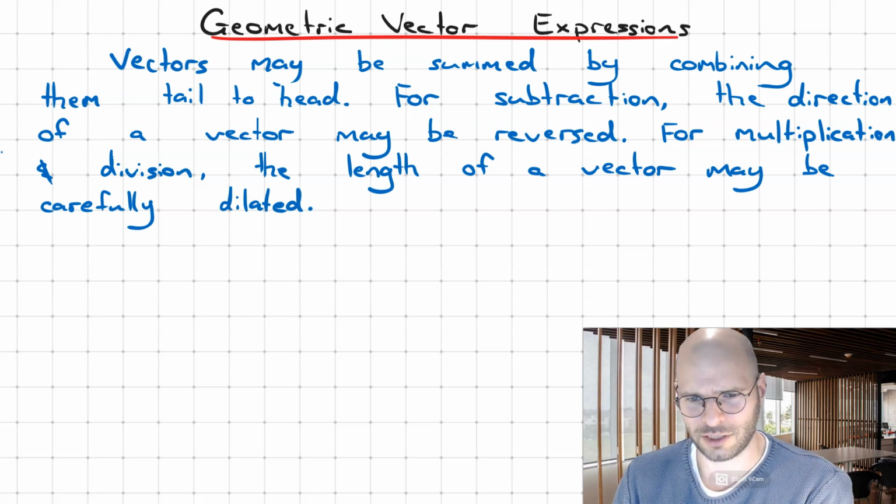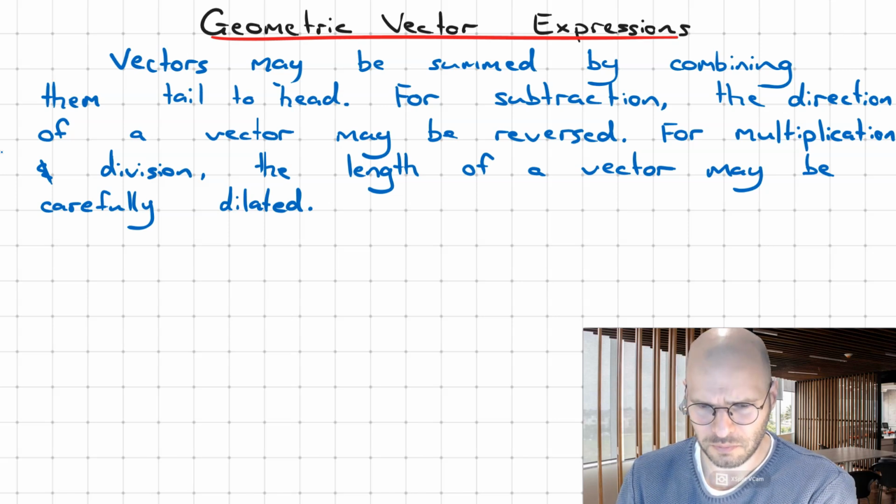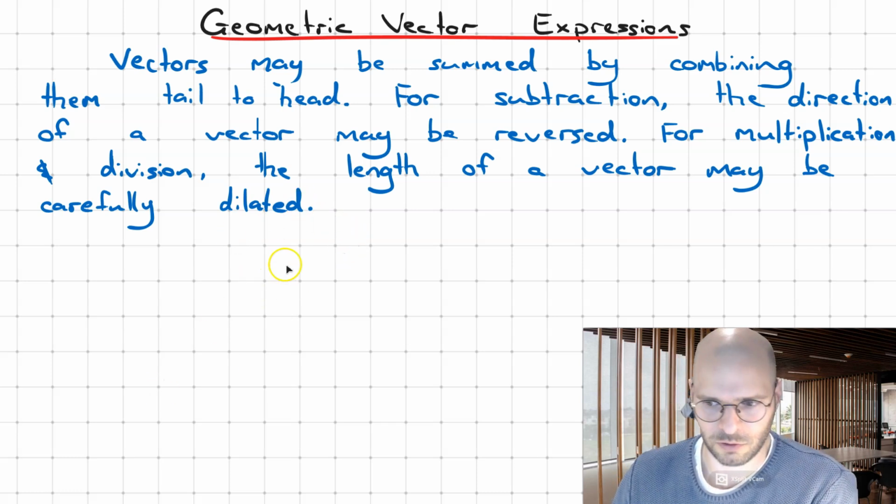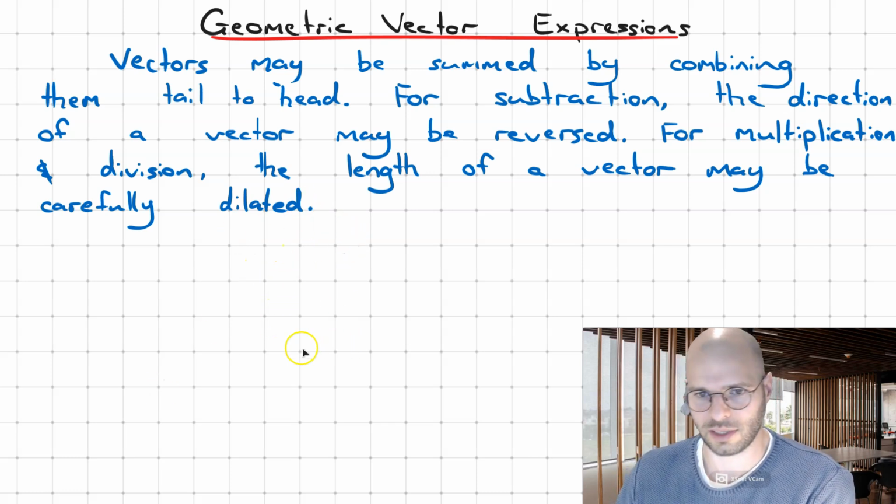For multiplication and division, the length of a vector may be carefully dilated. And I put a disclaimer on this final sentence over here because technically for vectors the division operation does not exist. Furthermore, the word dilated simply means we change its length. So the length of a vector is either shortened or enlarged.